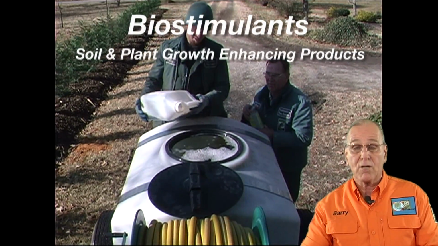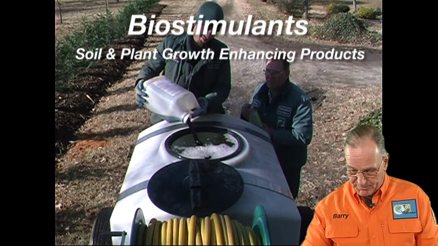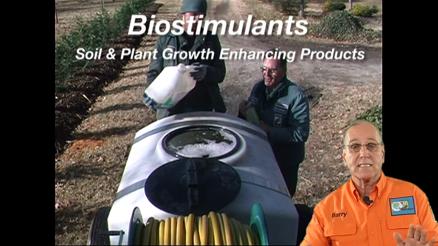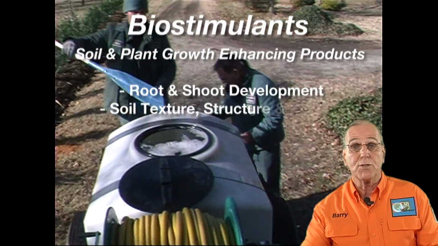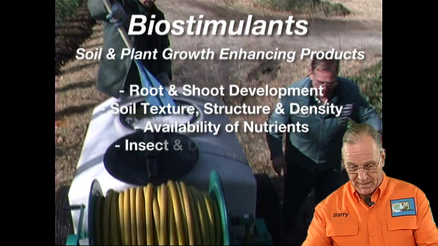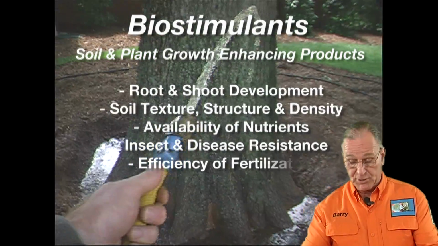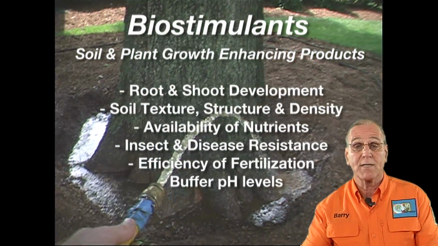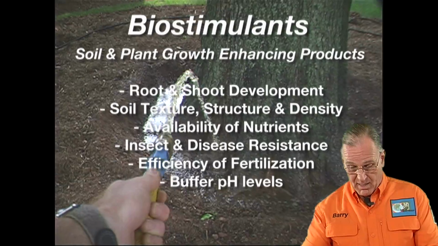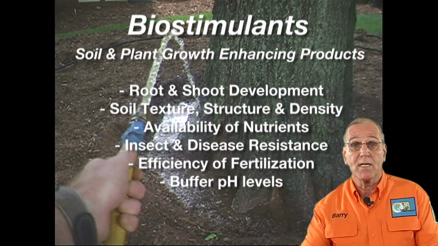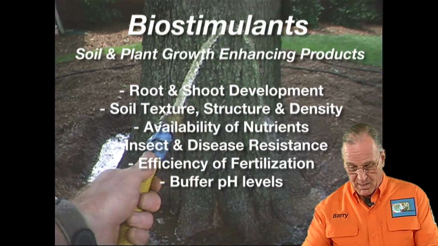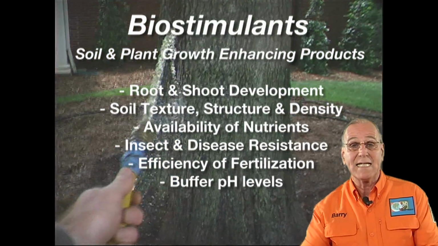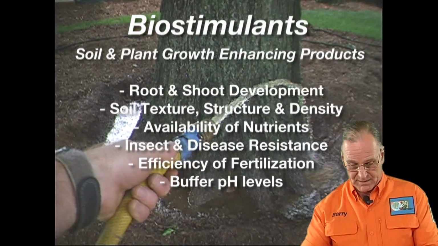Now, biostimulants are soil and plant growth enhancing products that do 6 distinct things, and I'm going to name them for you. Root and shoot development. They improve these dramatically. They improve soil texture, structure, and in some cases, density. They improve the availability and facilitate the availability of nutrients. They improve insect and disease resistance.